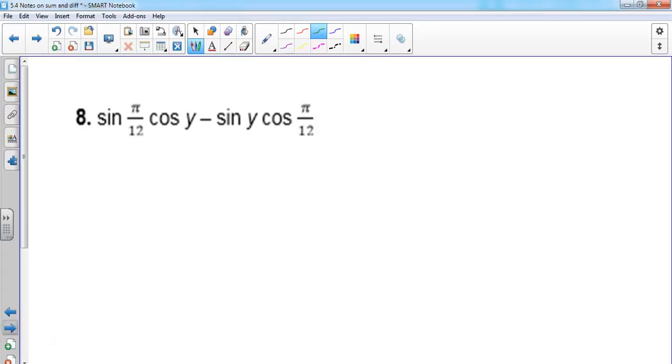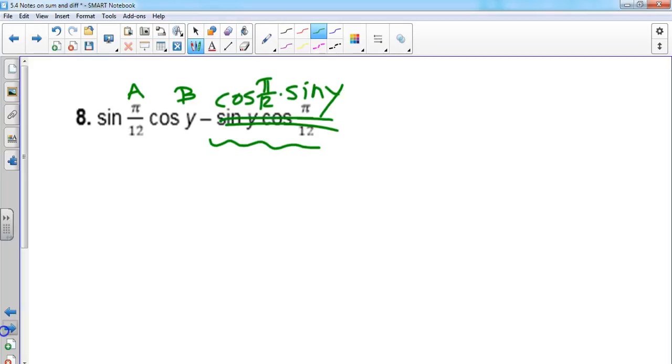All right, this is the one that's messed up. Because if you say this is A and this is B, then this should be the other way around. But it's multiplication back there, right? So you can just switch the order. So we can write this cosine of pi over 12 times sine of y. All we did is switch the order.